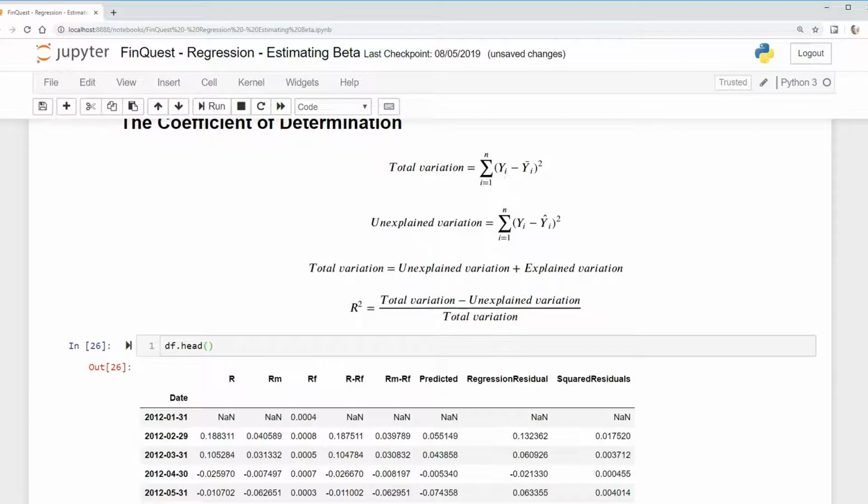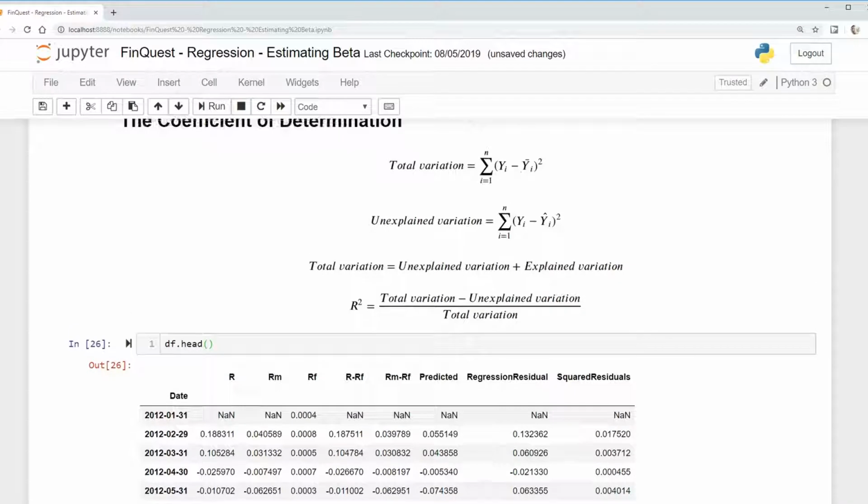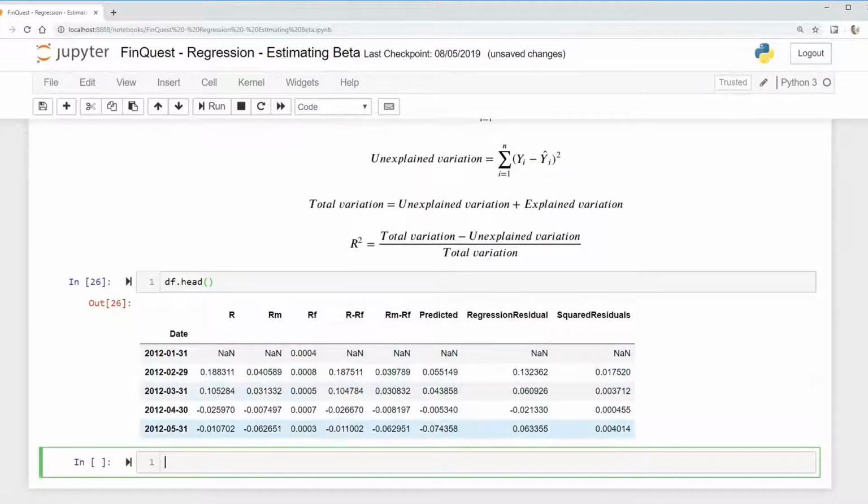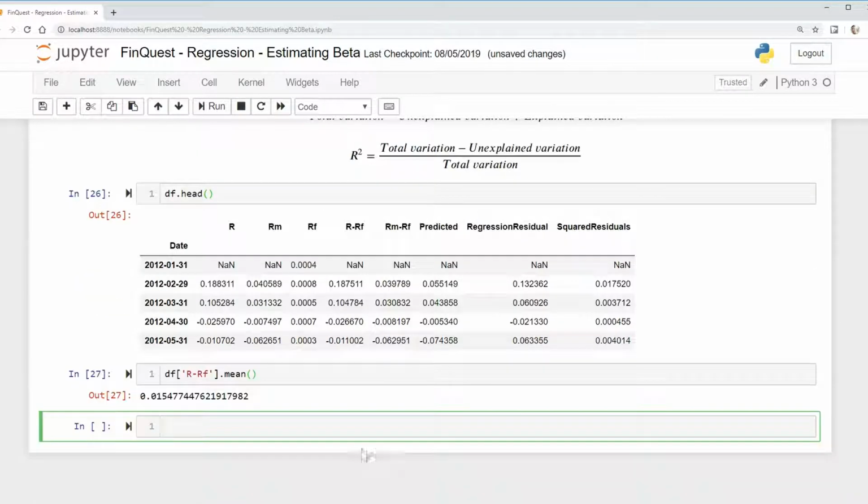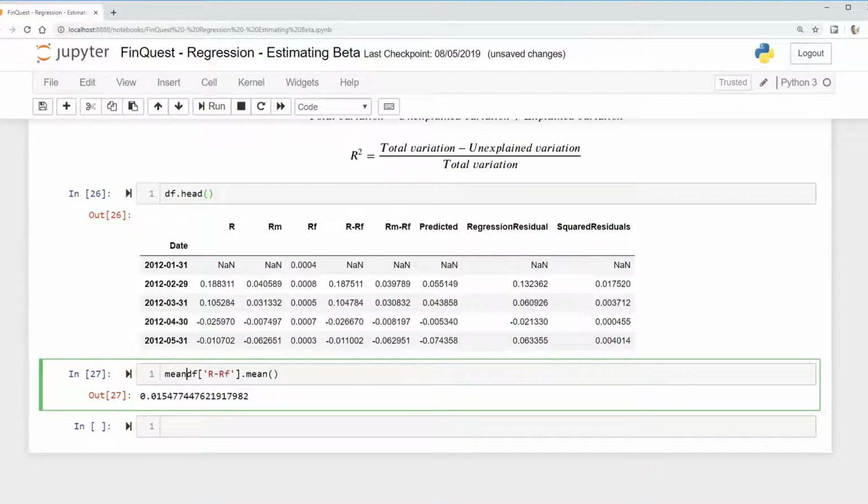We're finding the deviation from the average of all the observed values, and that is of y, apple excess returns, r minus rf. So to do that, we can take our data frame, look at that column, r minus rf, and apply the mean function. There we go. We're going to initialize this to the variable mean for now.